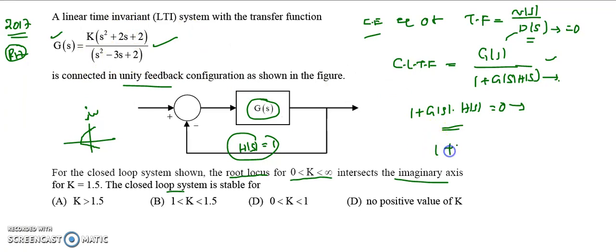So here I will get 1 plus K into (s square plus 2s plus 2) divided by (s square minus 3s plus 2), into H(s) which is 1, equal to 0.